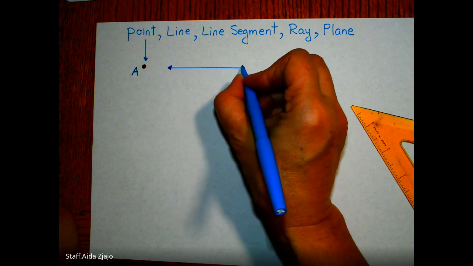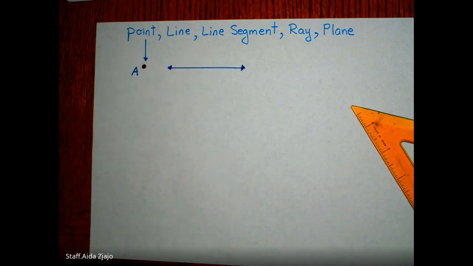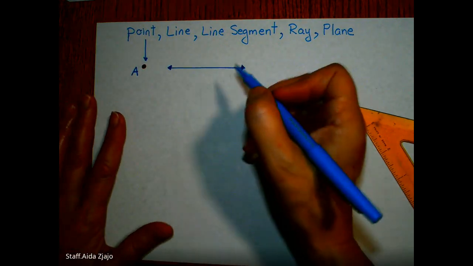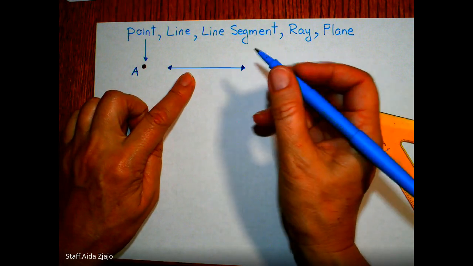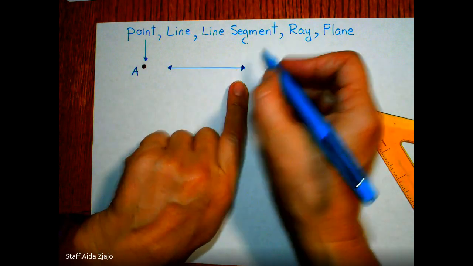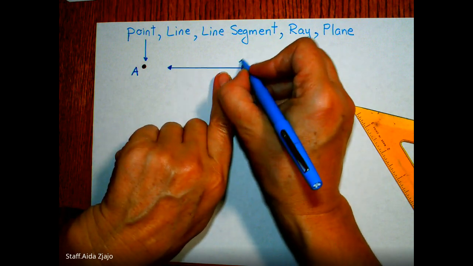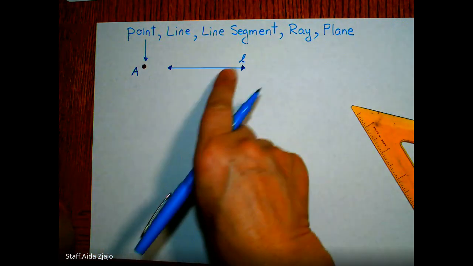A line goes forever to the left, to the right, and in different directions, up and down, depending on how it's drawn. So this is a line. We can label a line with a little lowercase letter, so it could be line L.